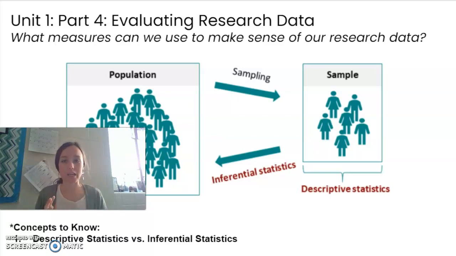So I would look at the makeup of high school students in a particular building, and I would categorize them alphabetically: freshmen, sophomores, juniors, seniors, and then I'd pick every fourth person in each list, and then I'd get this representative sample that I could use to make inferences about the whole population. So if 80% of the students in that sample said that they preferred block scheduling to an 8-hour class day at a high school, then I could say that likely 80% of high school students feel the same. And so I could make inferences about that whole population.